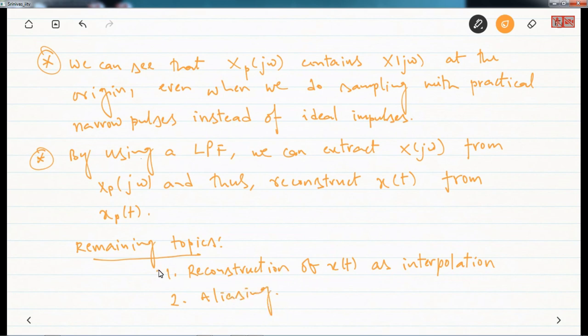So we need to cover these two things before your exam. If we cover this, then we cover the entire syllabus. So these topics we can definitely finish off in one class.